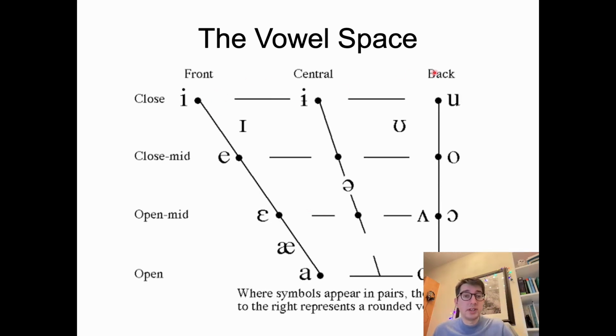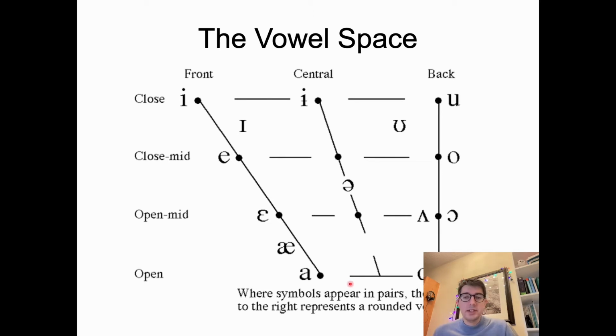So more room for movement here, and less room here down in the pharynx for lower vowels. So that's why this space is a quadrilateral. It's not really a square or rectangle for that matter.